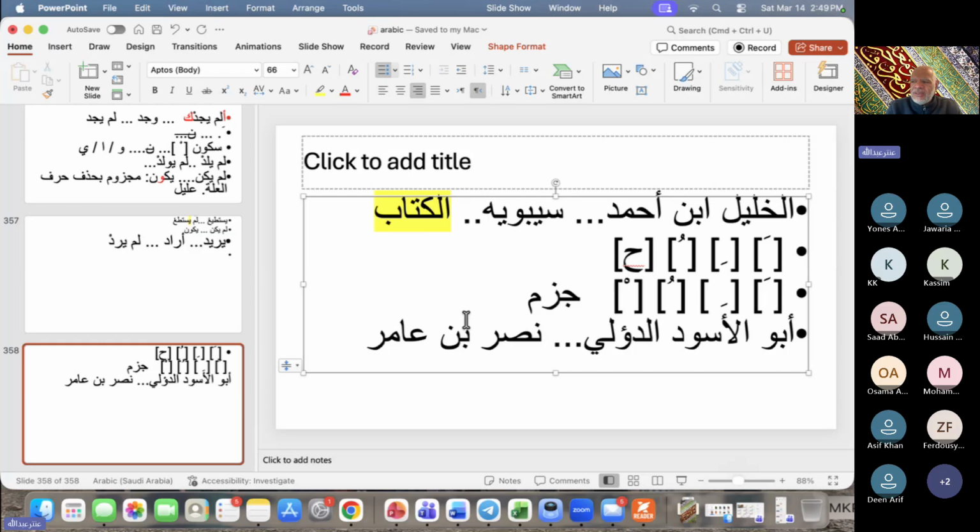They put a dot on the Ghain and left the Ain. They put a dot on the Dad and left the Sad. They put three dots on the Sheen, and left the Seen. So every two that are similar to each other, they put dots for that.